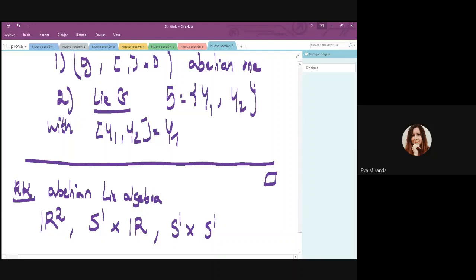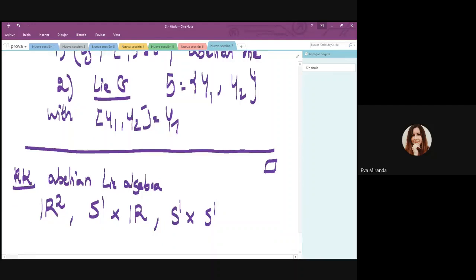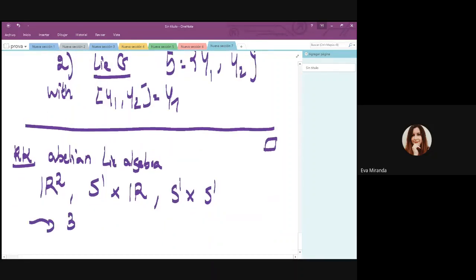These are three Lie groups integrating the abelian Lie algebra.